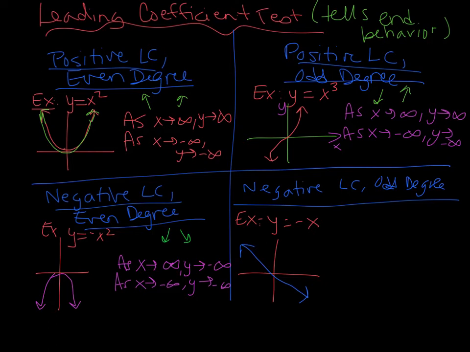And everything else with a negative leading coefficient and an odd degree is going to follow that format. You can write it like that if you want. The super mathematical way to write it would be: as x approaches infinity, y approaches negative infinity, and as x approaches negative infinity, y approaches infinity.